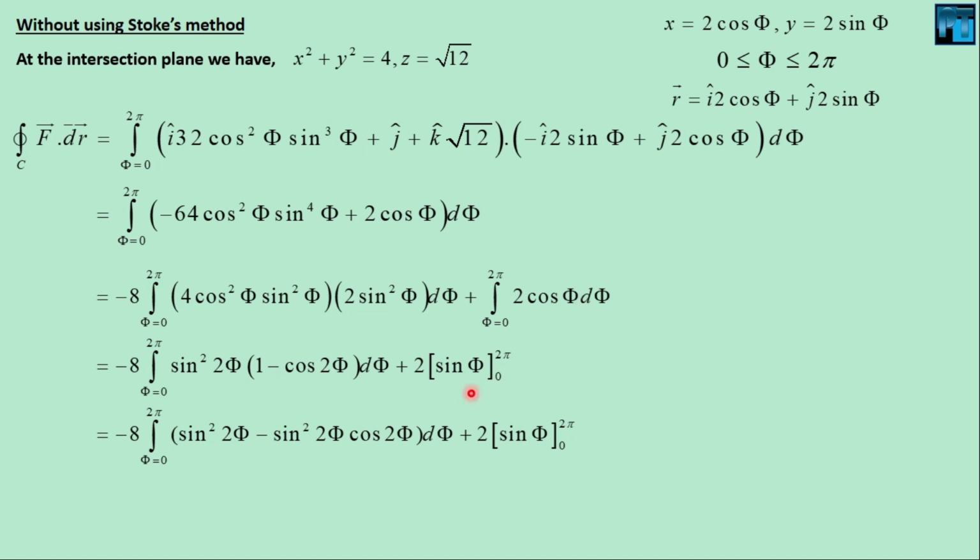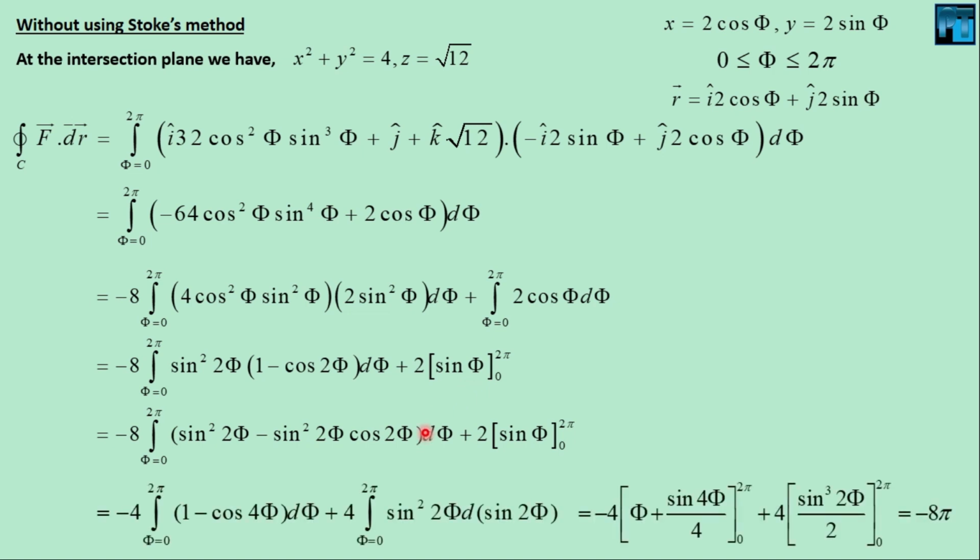You can do your maths, and the answer will be the same. I have done all the steps properly here, and see for yourself the result, minus 8 pi. So I am not wrong, though I knew the answer before.